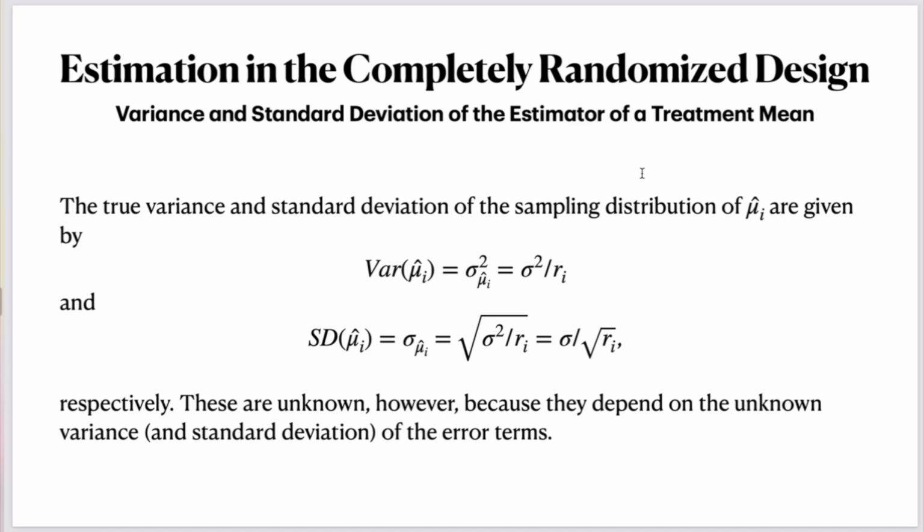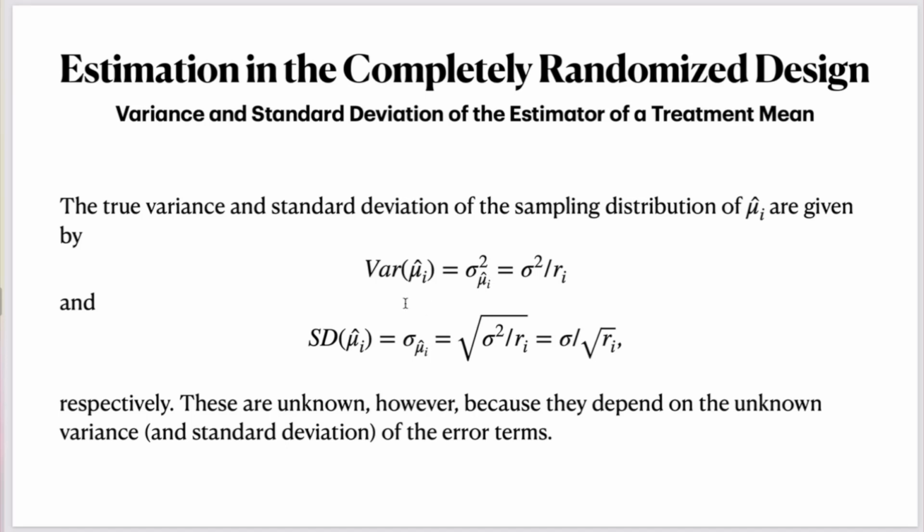The true variance and the true standard deviation of the sampling distribution of mu hat sub i, the estimator of mu sub i, are given here in the middle of the slide. So the variance of mu hat sub i is equal to sigma squared over r sub i, where again sigma squared is the variance of the error term in the model.